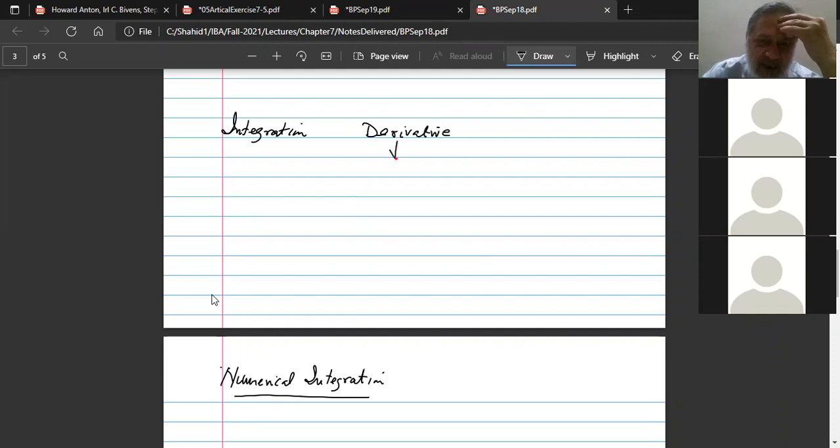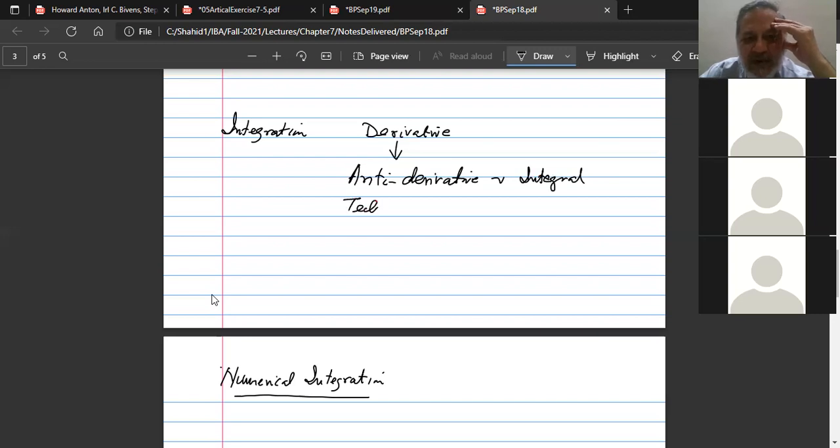And in reflection of derivative, antiderivative was introduced. And then that was called integral. And we have been considering techniques of integration. This chapter 7 is all about techniques of integration.